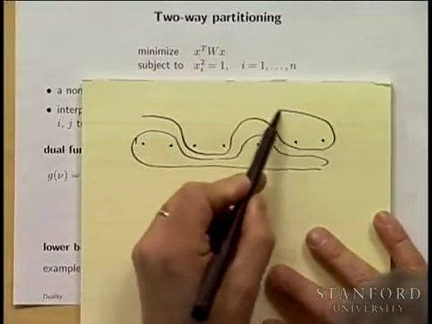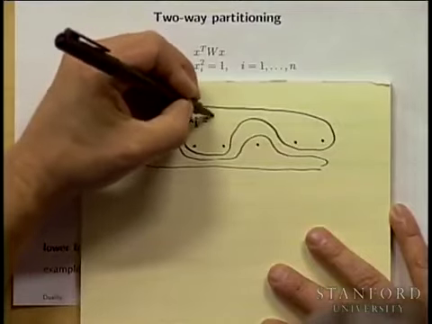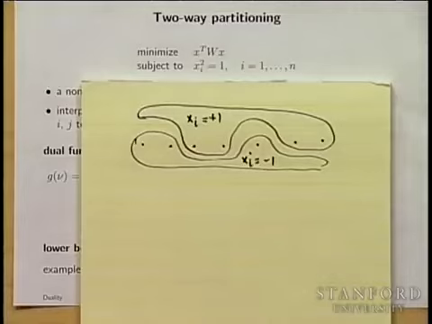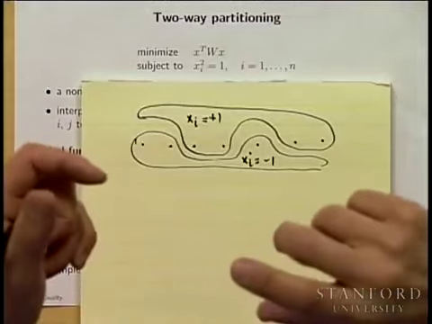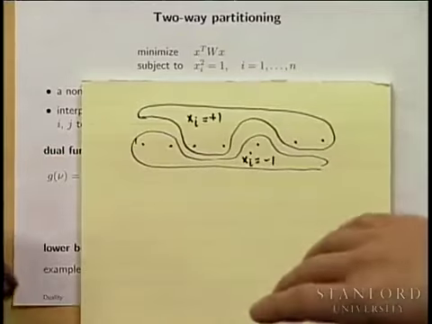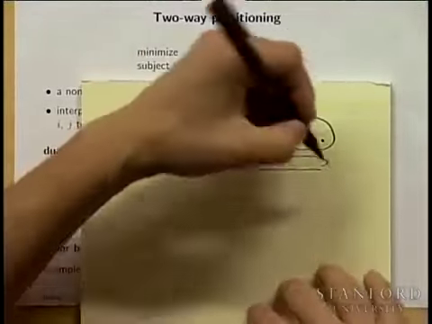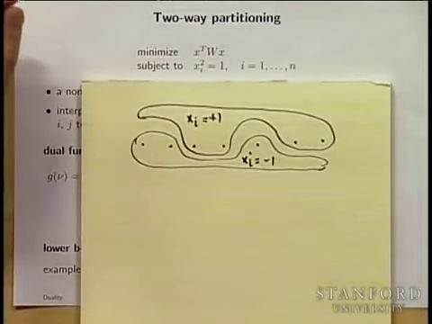We encode that by saying here's where xi is plus 1, and here's where xi equals minus 1. So we're going to use the variable, which is xi, this plus or minus 1 vector, to basically encode a partition. It's just a numeric data structure to encode a partition.